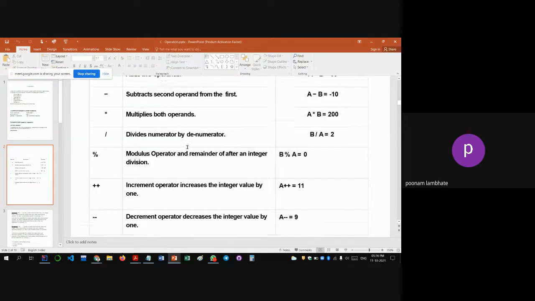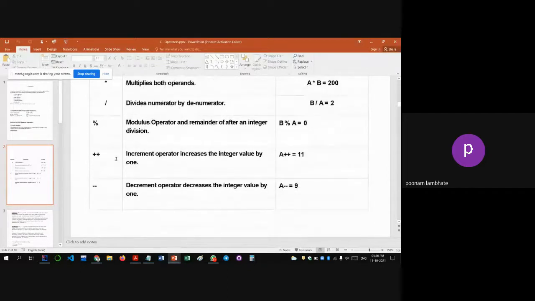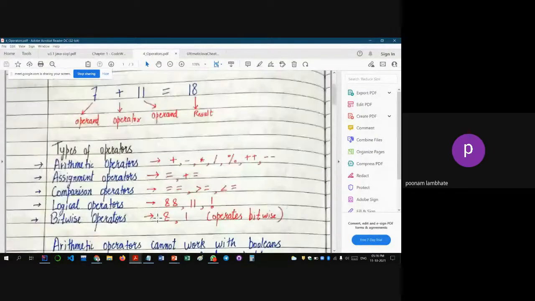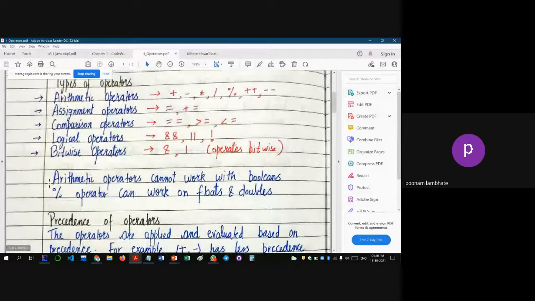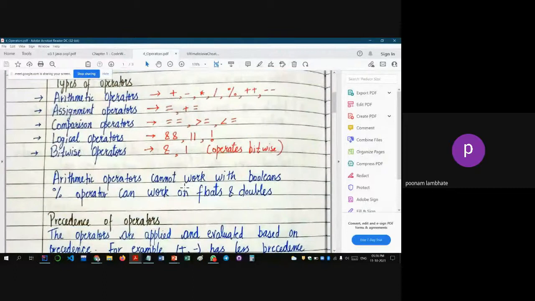Arithmetic operators, you already know: plus, minus, multiplication, division. You don't have floor division over here as you had in Python. And one more thing: when we were studying operators last time, I told you that the modulus operator cannot be used for floating point values or doubles, only integers. That is true for C and C++, but for Java it is allowed.